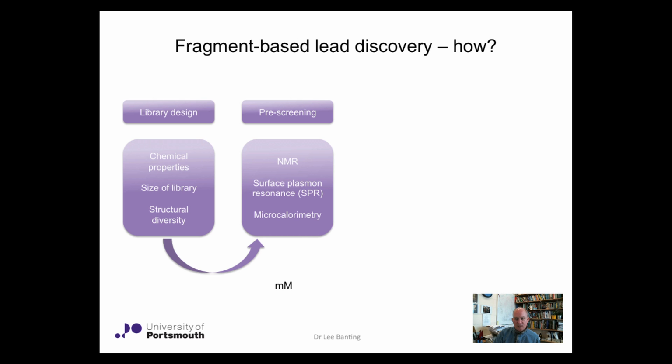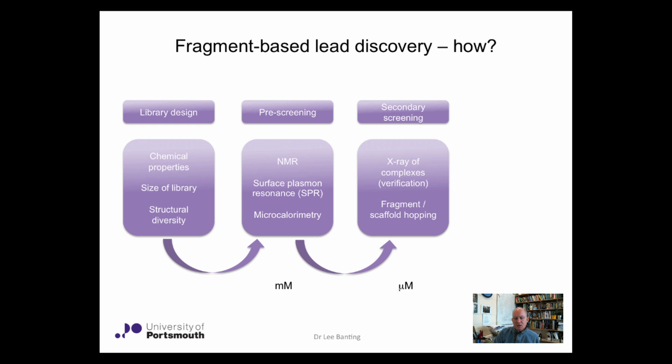And our millimolar leads will move on to micromolar elaborated leads that can undergo a secondary screening process. So we want to know a little bit more about these slightly more elaborate fragments. We've put these small millimolar units together. We now want to investigate how they actually do bind at the target, and they're starting to be of interest to us. So what can we do?